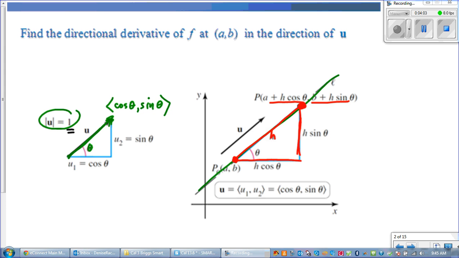We'll use those to find the derivative. So the limit of those secant lines given by this slope as h goes to 0 will be that directional derivative.